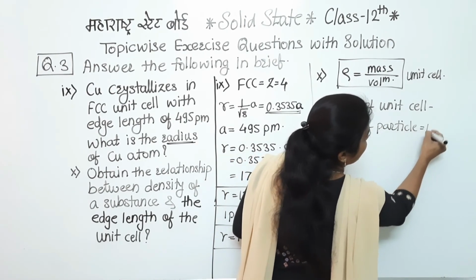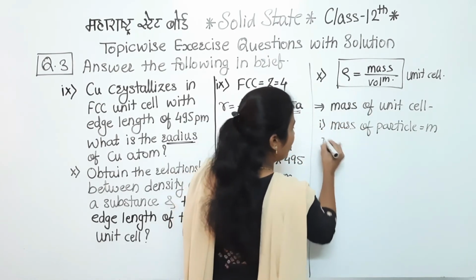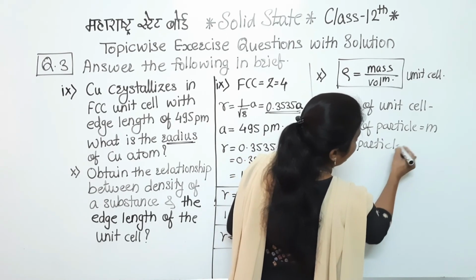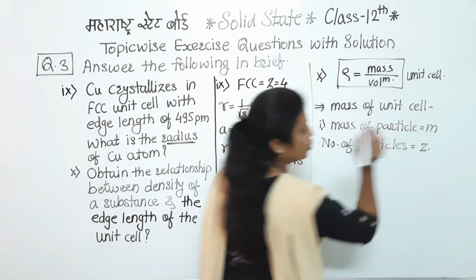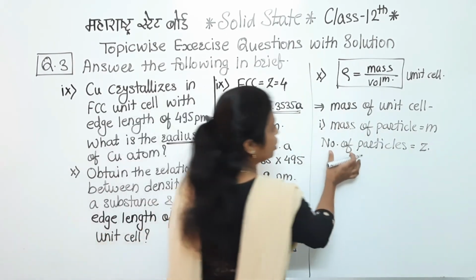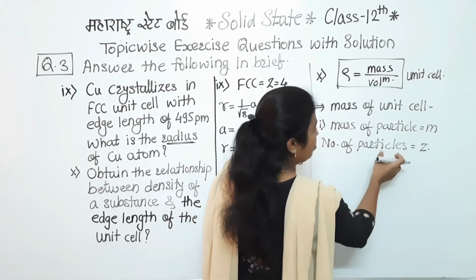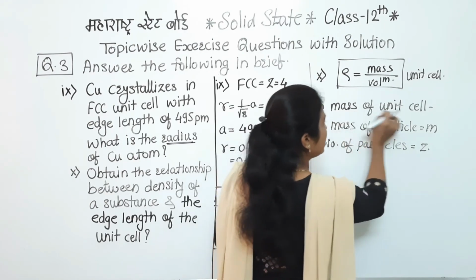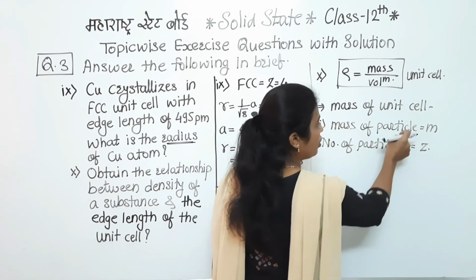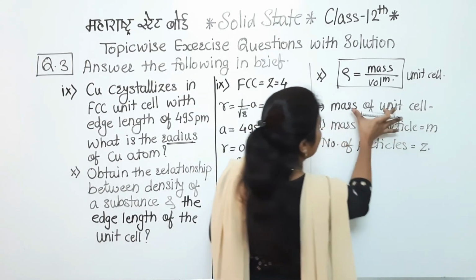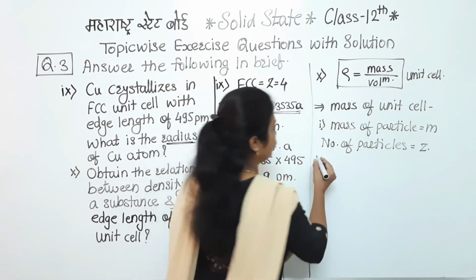Mass of one particle is m. Number of particles we know is denoted by symbol z, means the number of particles present in that unit cell. If we consider the product, then that is nothing but the mass of unit cell.